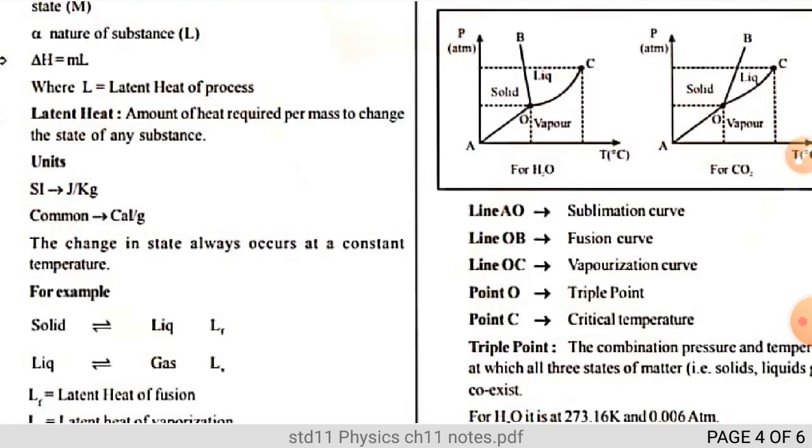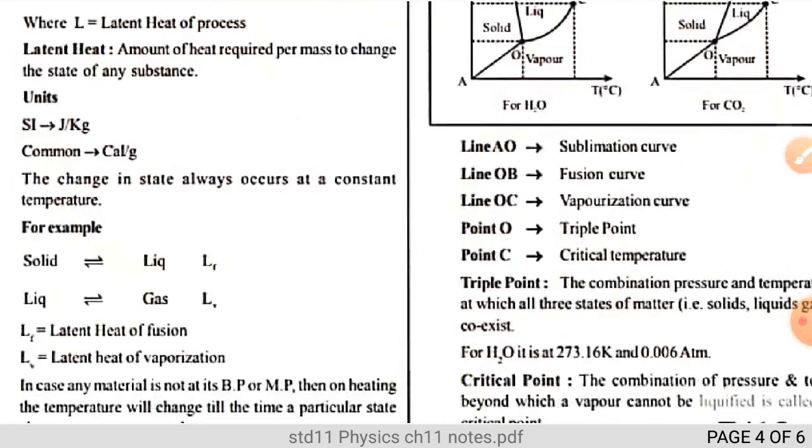For example, if ice is converting into liquid, this conversion is at a constant temperature, which is 0 degree Celsius. Similarly, at the boiling point, which is 100 degree Celsius, the liquid converts into gaseous state, right?